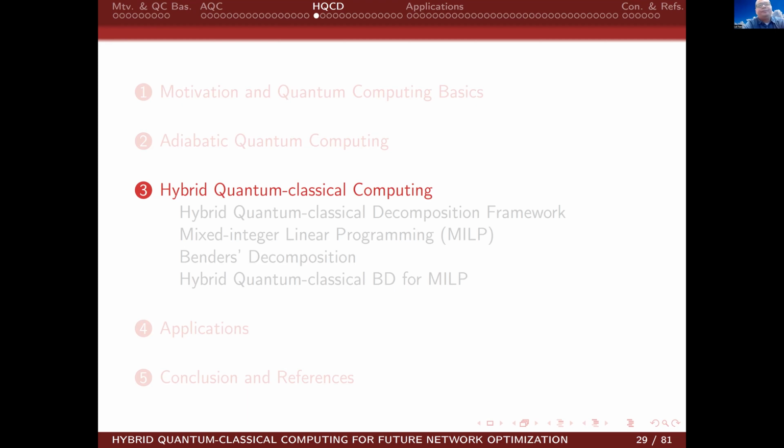For example, we already have many polynomial algorithms on the classical computer. So if a subproblem of our whole problem can be solved efficiently in polynomial time on a classical computer, there is no reason for us to use the quantum computer. We want to use the quantum computer to solve the subproblems which are very hard on the classical computer.